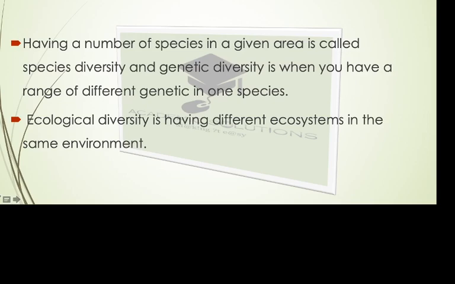So having a number of species in a given area is called species diversity. And genetic diversity is when you have a range of different genes in one species, I mean to say.